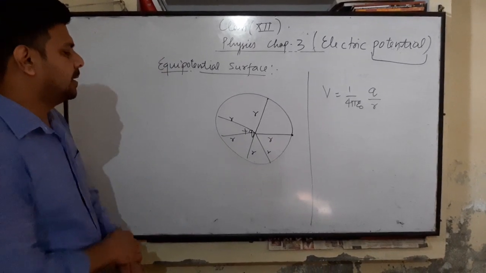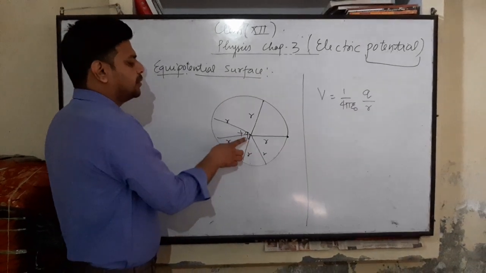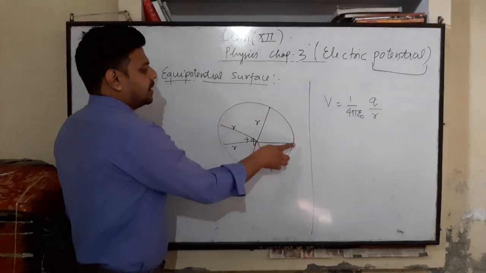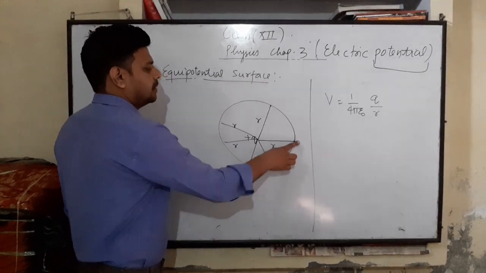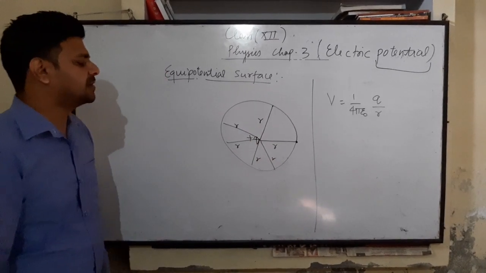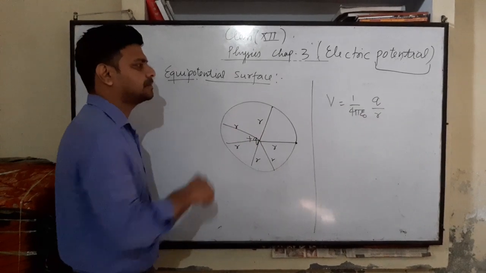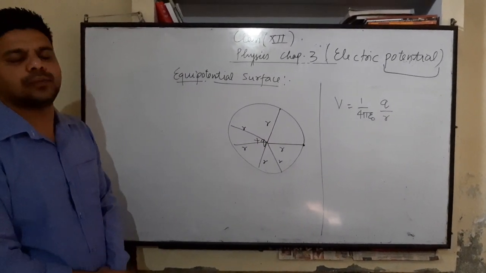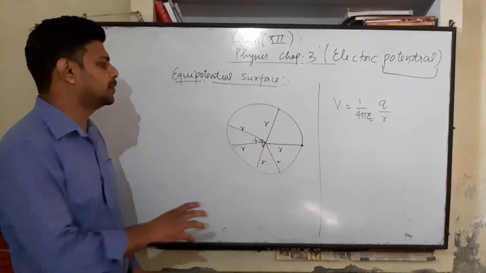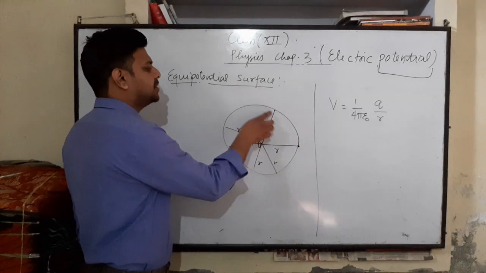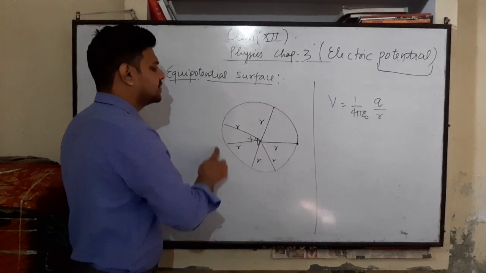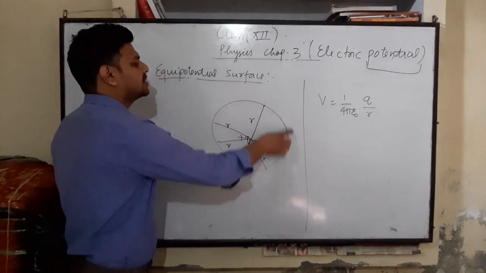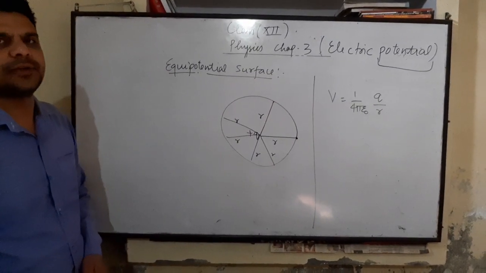The potential due to this charge at all these points which are on the surface of this sphere has the same value. So this sphere, this surface, is called an equipotential surface.